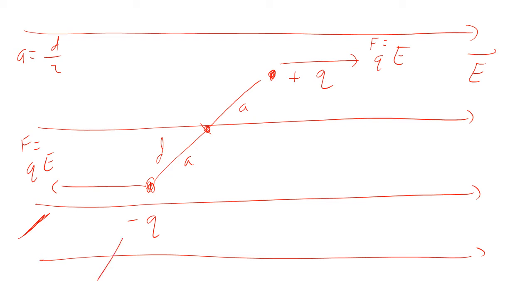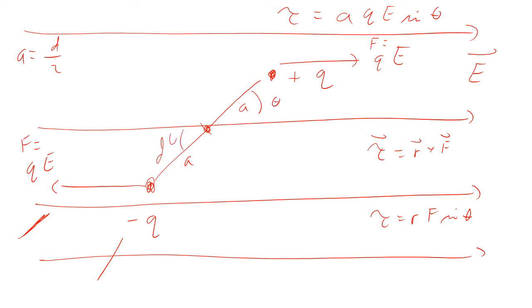The torque we know is r cross F, so the magnitude is rF sine theta. The torque on the top charge is a times qE sine theta, where theta is right there. We have theta over here too, so the torque on the bottom charge is aqE sine theta.